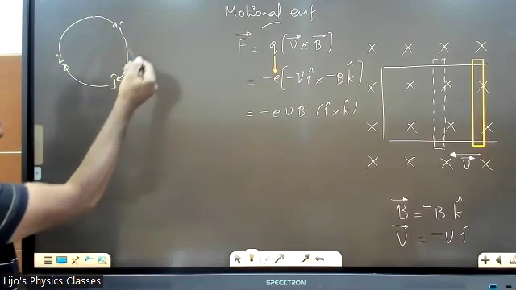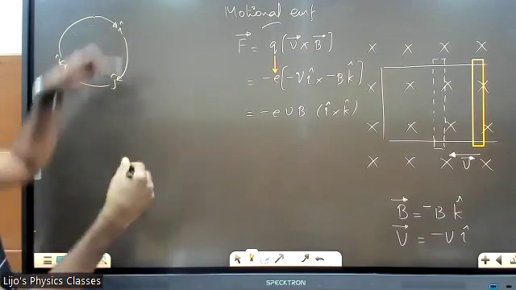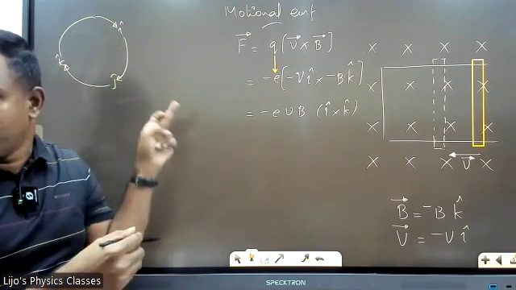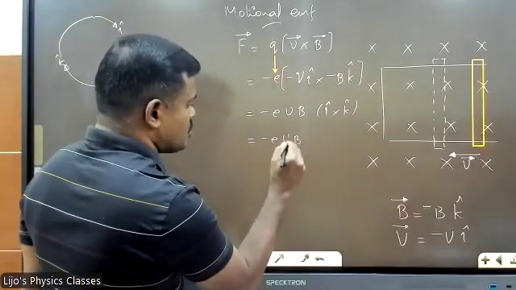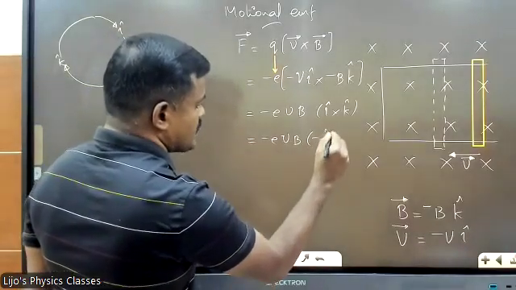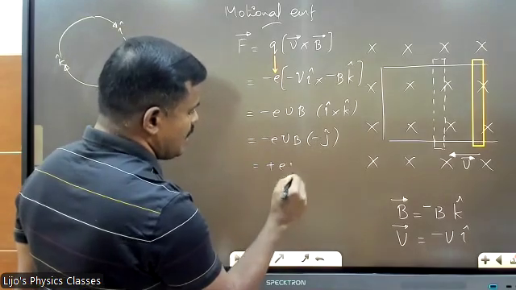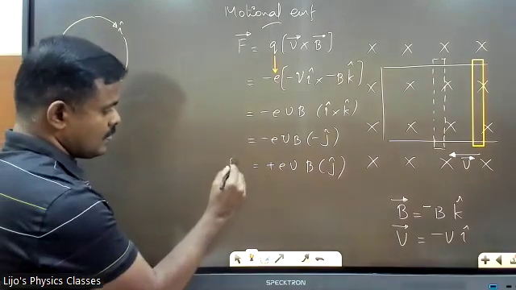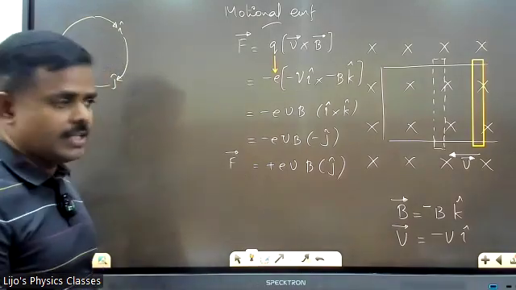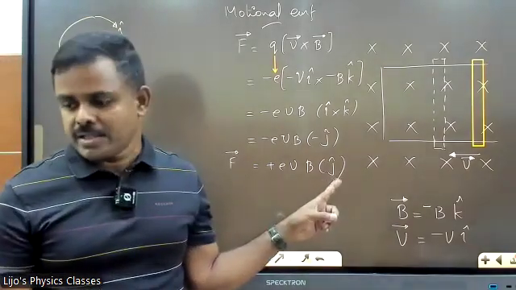Not in the cyclic order. It is anti-cyclic order. Am I correct? I cross K will be minus of J, right? So you get minus EVB into minus of J. So that will be EVB into J cap. So we know one thing, that the force is in J cap direction.